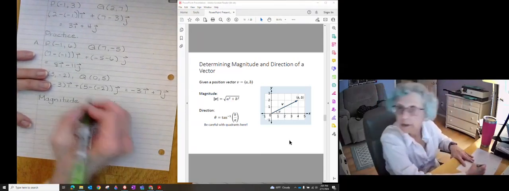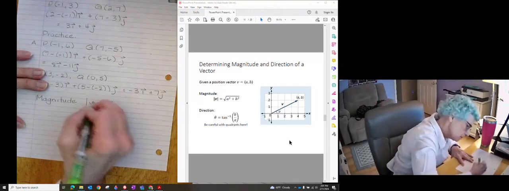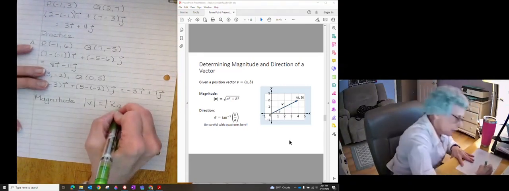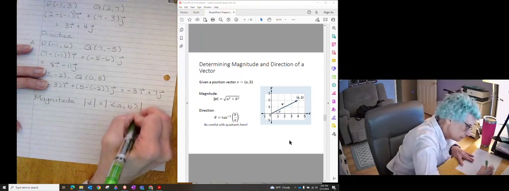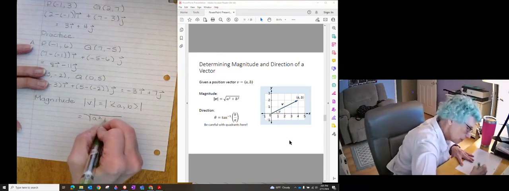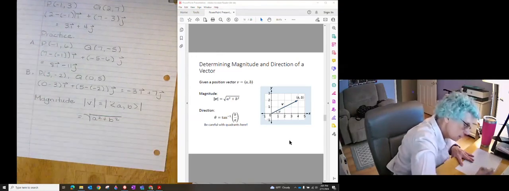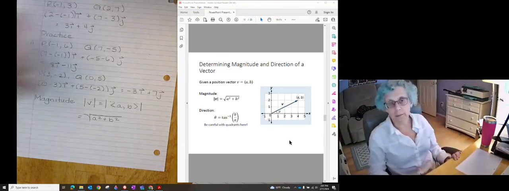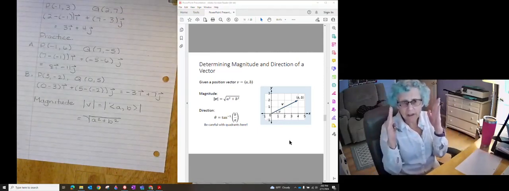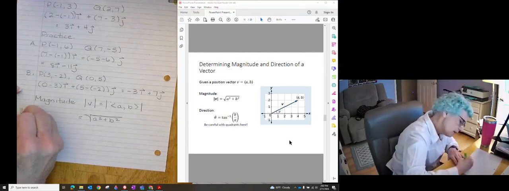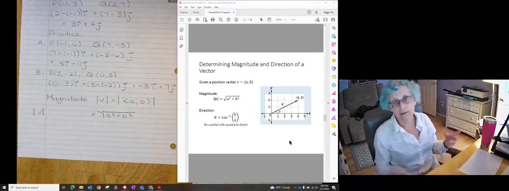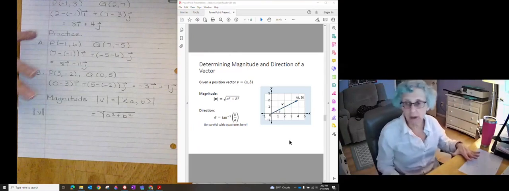So we're calling this one V, magnitude of V, and V is equal to a, b, is equal to the square root of the horizontal component squared plus the vertical component squared. And sometimes it has just absolute values around it. Sometimes you'll see it written with double absolute values around it. It depends on which book you're looking in.